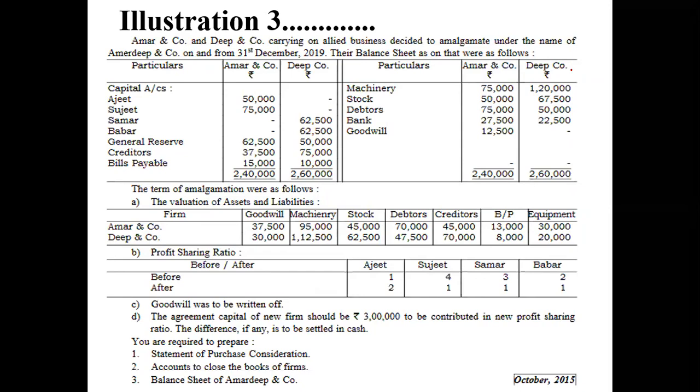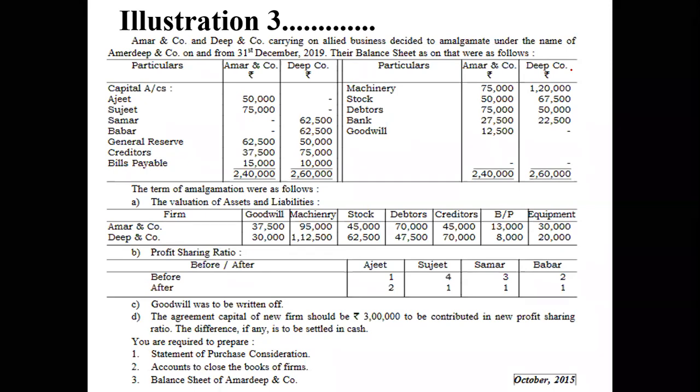Problem number three goes like this: Amar and Company and Deep and Company, carrying on allied business, decided to amalgamate under the name of Amardeep and Company on and from 31st December 2019. Their balance sheets as on that date were as follows.